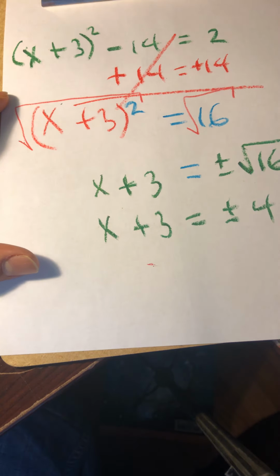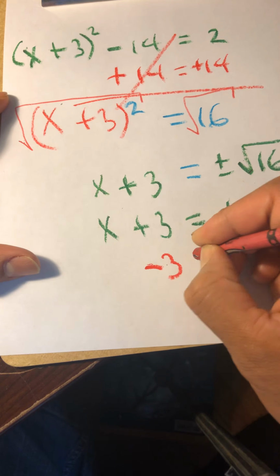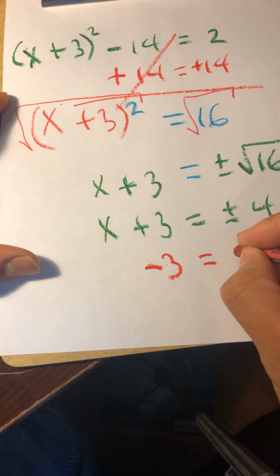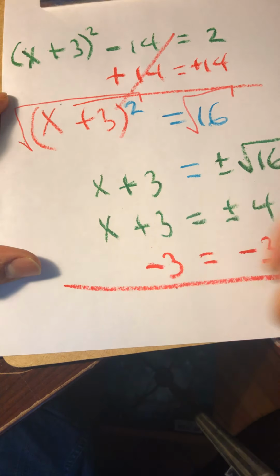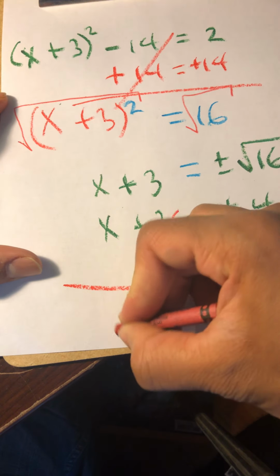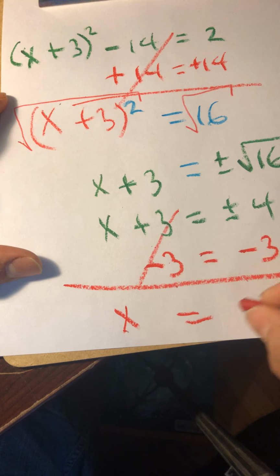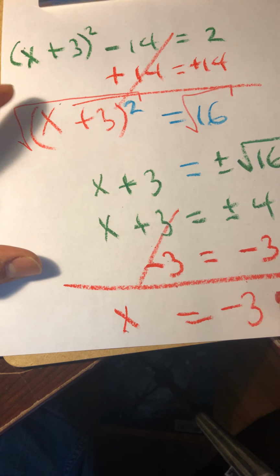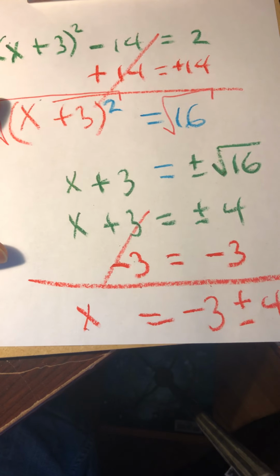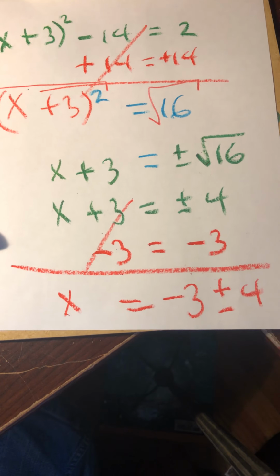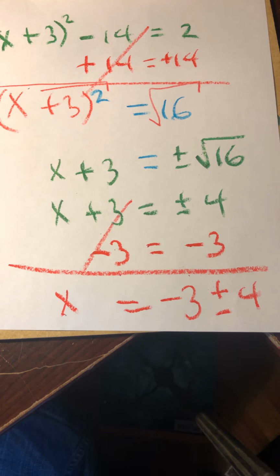I subtract 3 from both sides, and I get x is equal to negative 3 plus or minus 4.